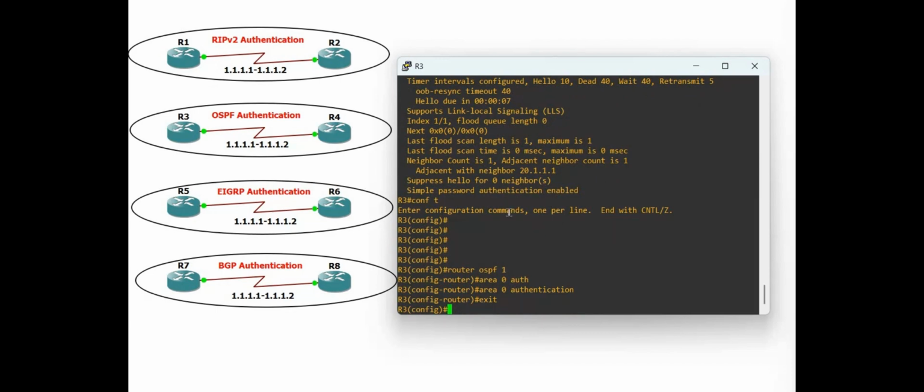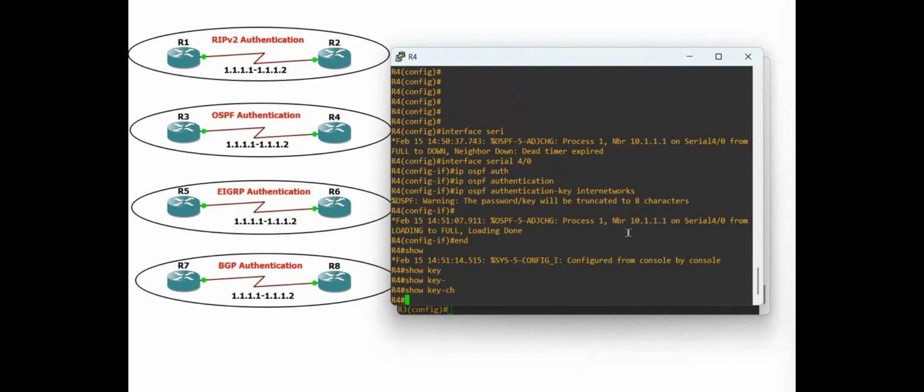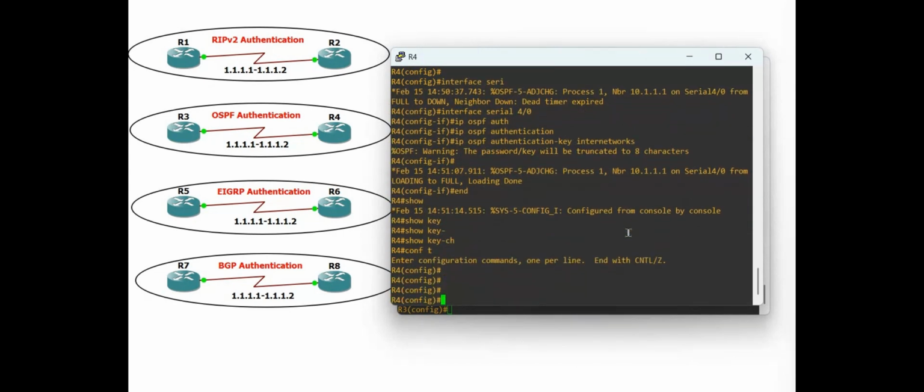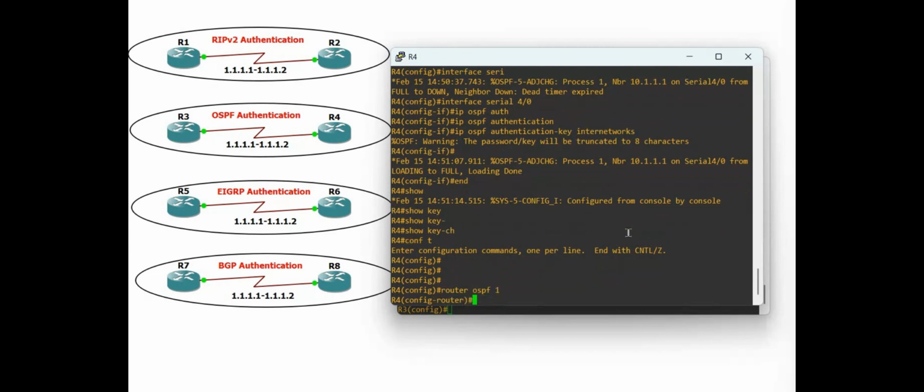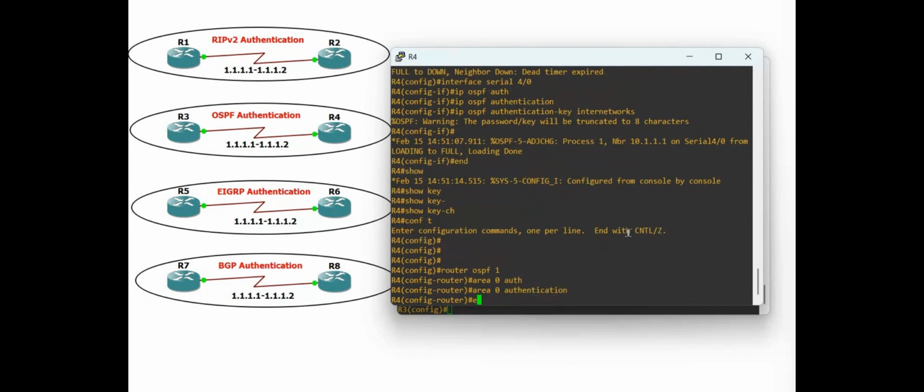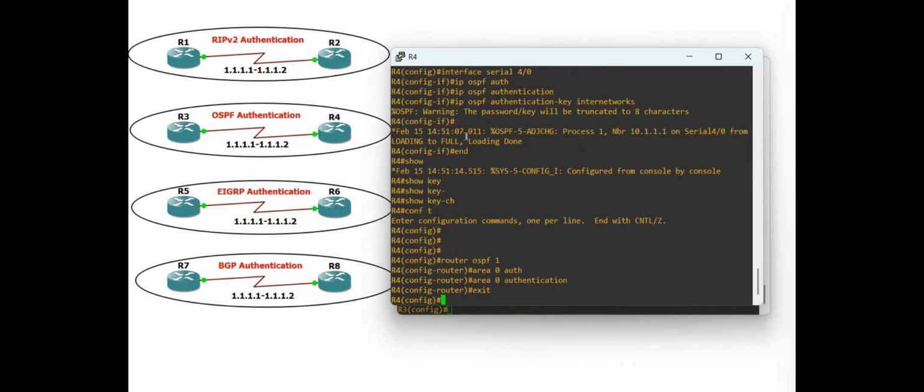When we have lots of interfaces and do not want to enable OSPF authentication on each and every interface, we use this command. Now on router 4, configure terminal, router OSPF 1, area 0 authentication. Exit. So this is how you can configure OSPF authentication.